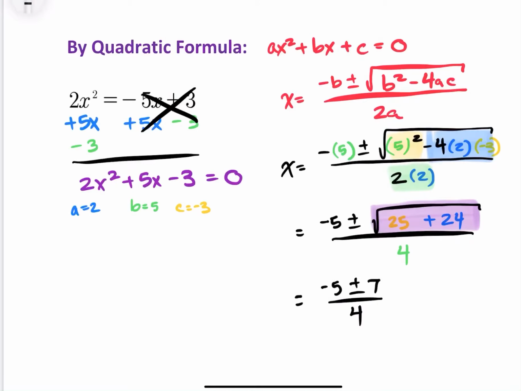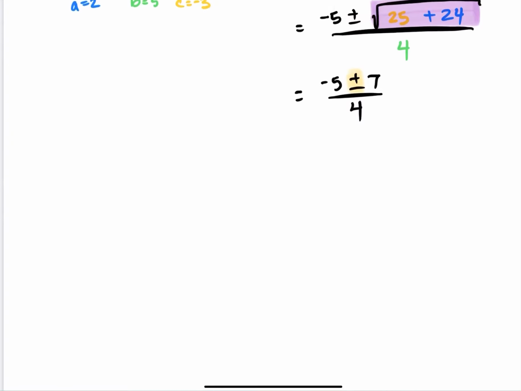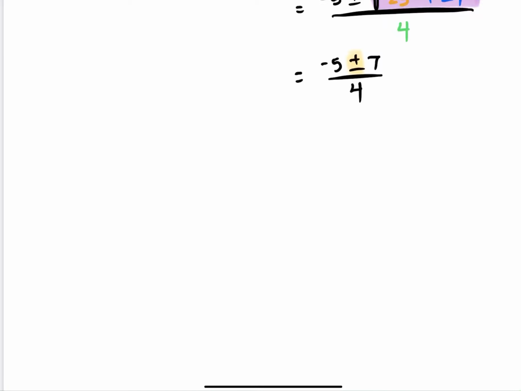Now, because of that plus and minus sign, we can write this as 2 problems. I'm going to make some room down here. We have x is equal to all of this, and I'm going to write it as 2 problems.